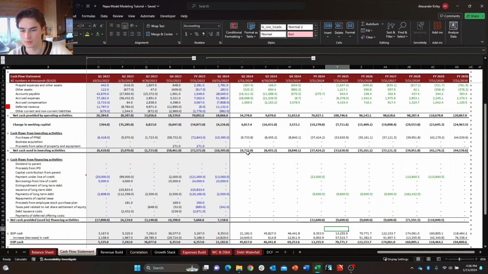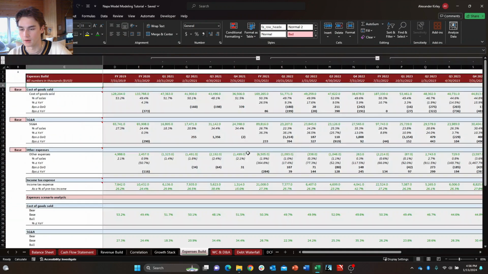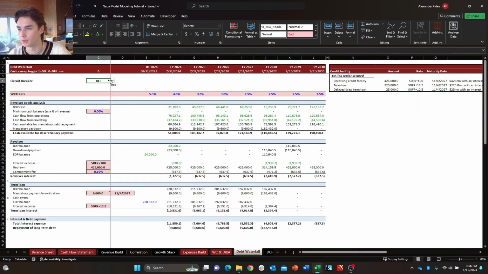Check these. And then let's also reset our circuit breaker real quick. On, off, we're still looking good. Just want to make sure we don't break the model along the way and create another circular reference.